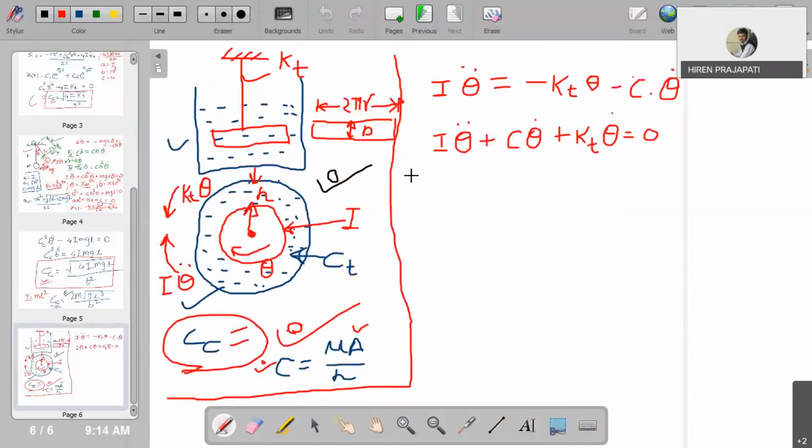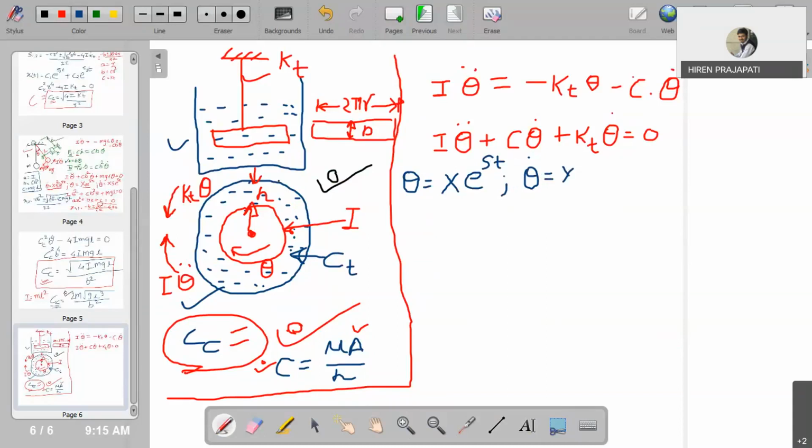We'll assume that theta is equal to some constant and a simple harmonic function of t, right? I want theta dot as well, means angular velocity. Then let's take theta dot, which is the differentiation of this.